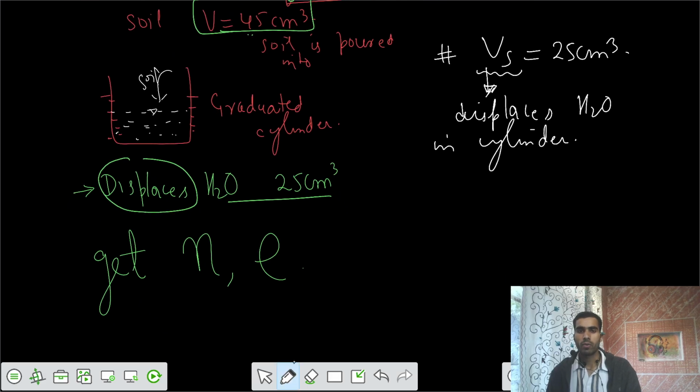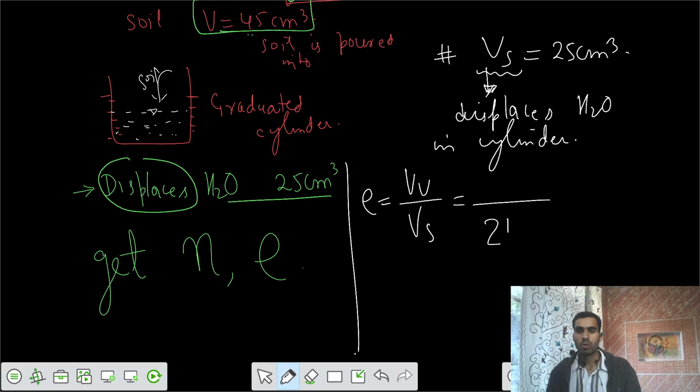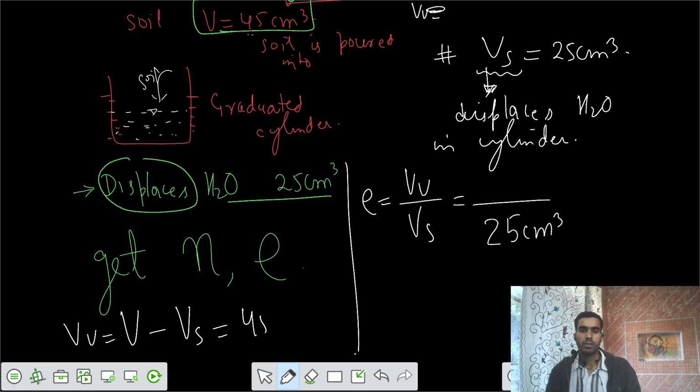And if I now want to write the void ratio, that's volume of voids by volume of solids, where your volume of solids is 25 centimeter cube. The volume of voids is the total volume of soil minus the volume of solids, that is 45 centimeter cube minus 25, which is 20. So we can substitute 20 centimeter cube.